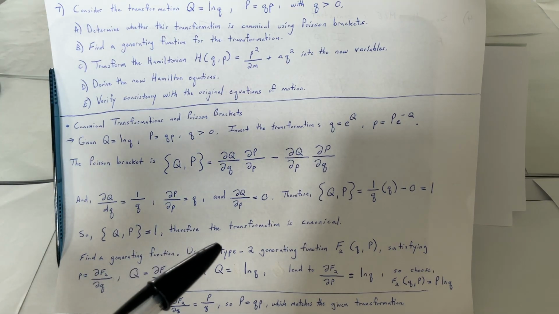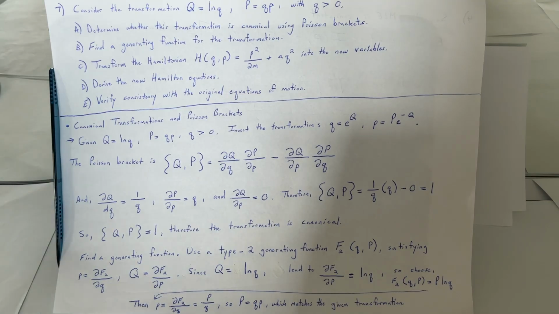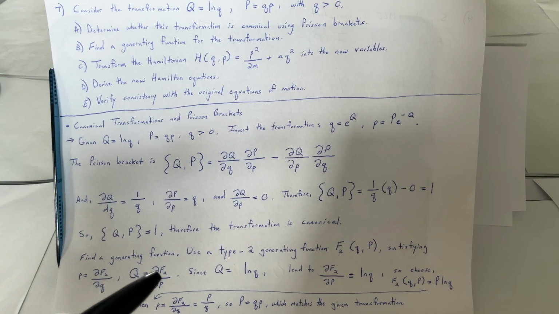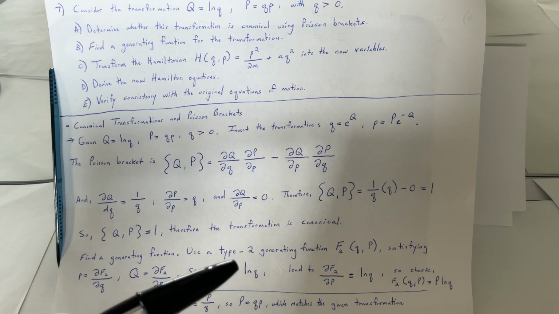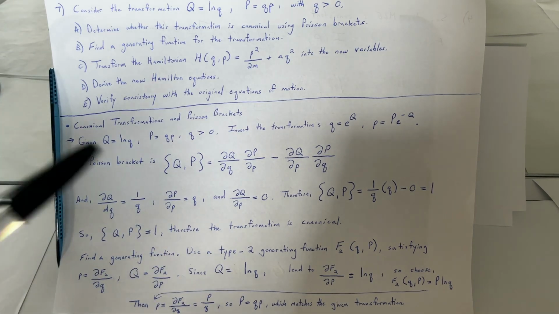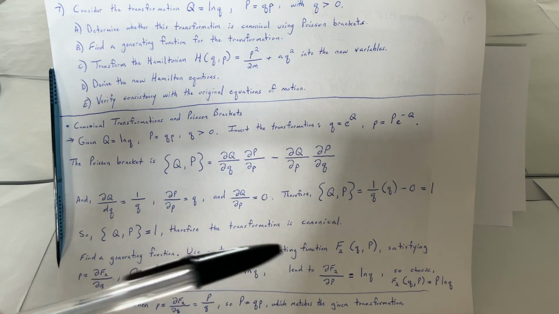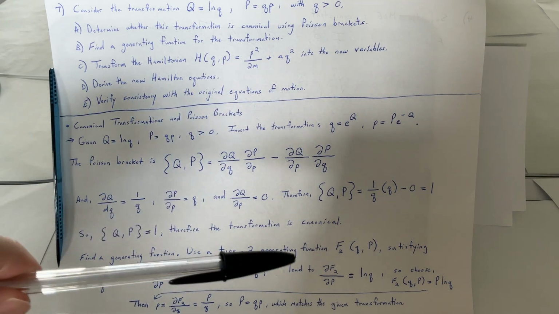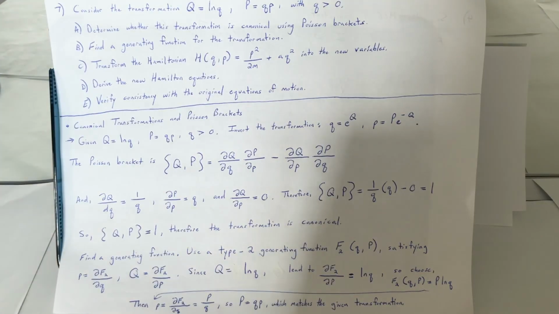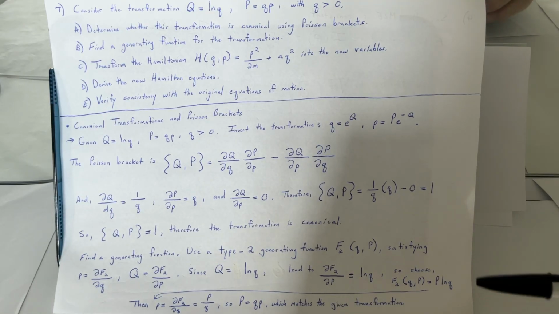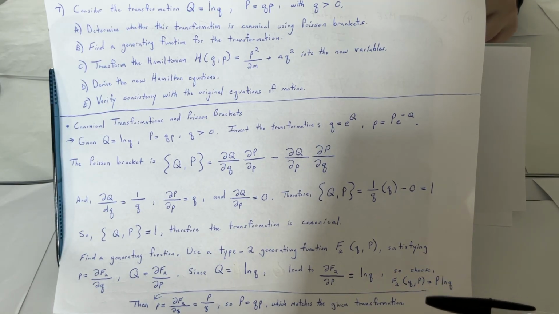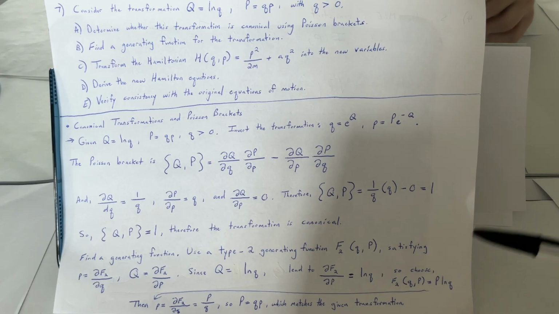To find a generating function, we're going to use a type 2 generating function, F2(q, P), satisfying p = partial derivative of F2 with respect to lowercase q, and Q = partial derivative of F2 with respect to capital P. Since Q = ln q, we want the partial derivative of F2 with respect to capital P to equal ln q. So we choose F2(q, P) = P ln q.